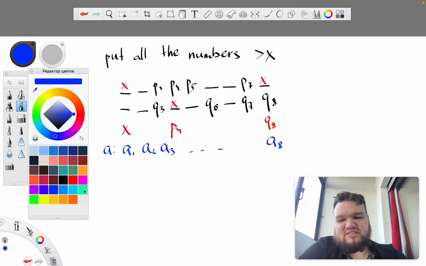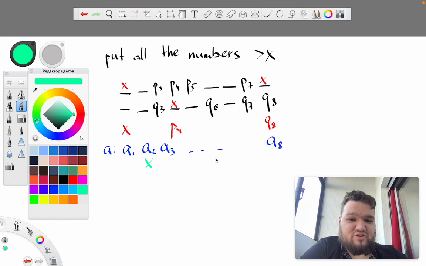So let's say that this position was x. What will happen? Well, I have to put x either here or here. It actually doesn't matter where I will put it. But what happens if x is on a position which is partially filled or fully filled?